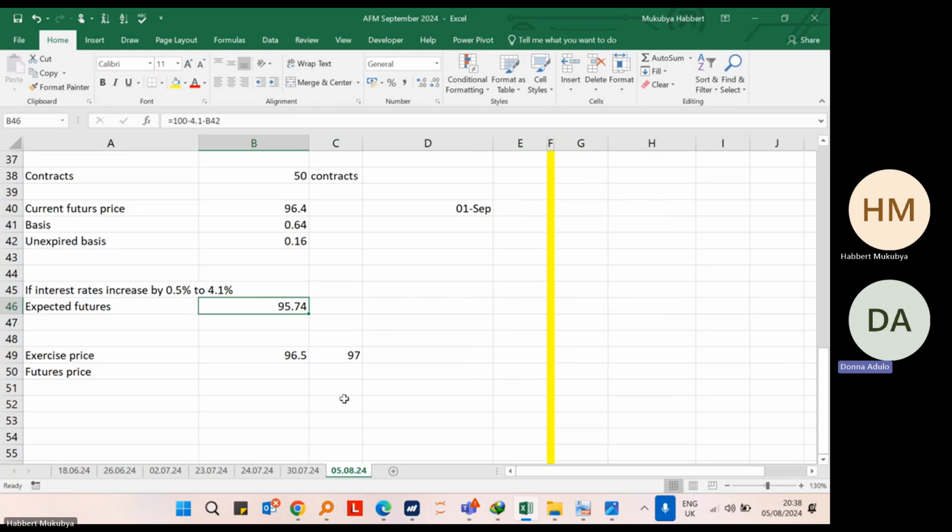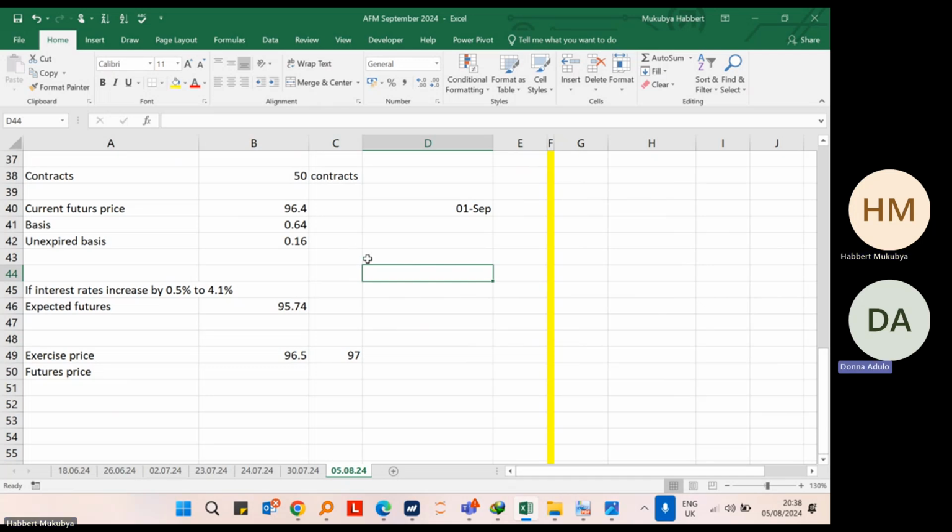Usually in the tableau form, someone would put the current against the future, so it's easy for you, after computing the basis.